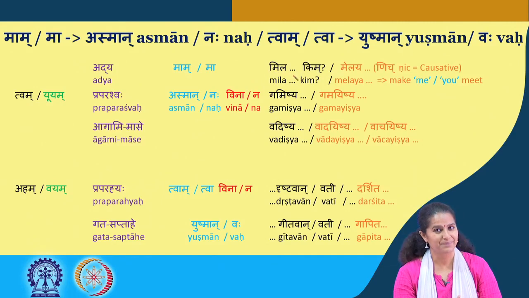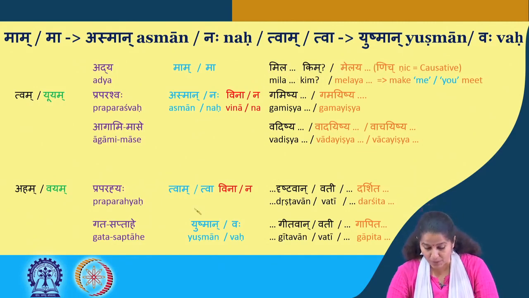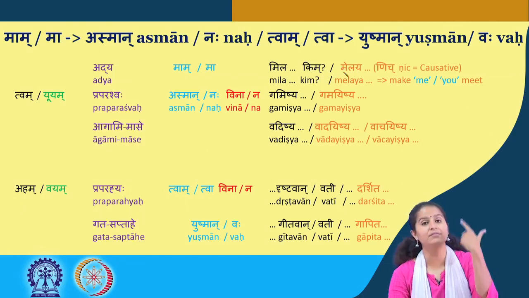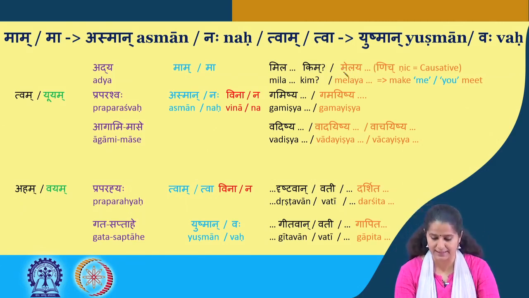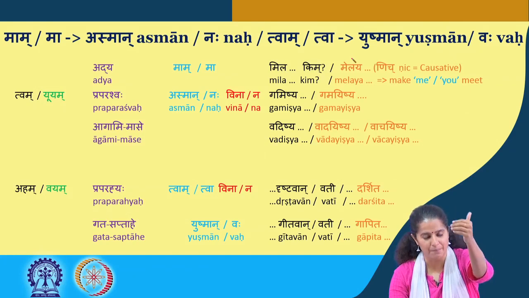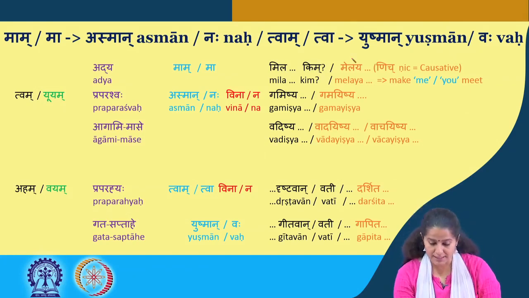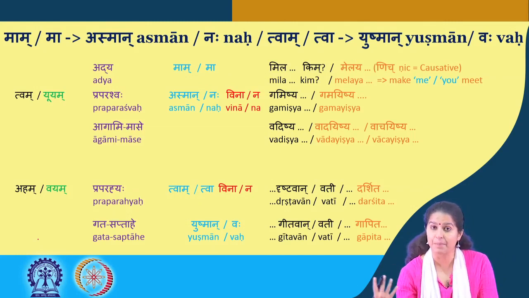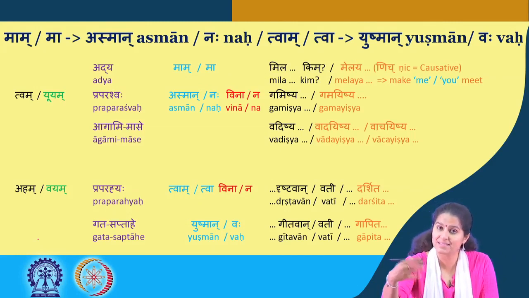Now you can do the same thing with the causative form. So tvam adya mam melayasi kim means, are you going to make me meet someone? Let's do it with asman. So tvam adya asman melayasi kim.